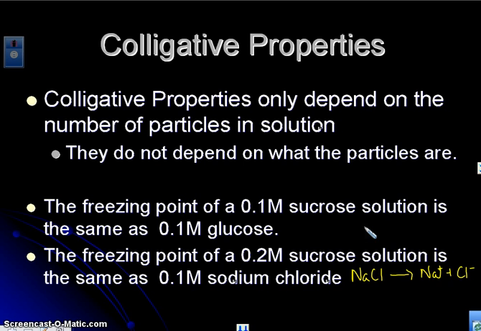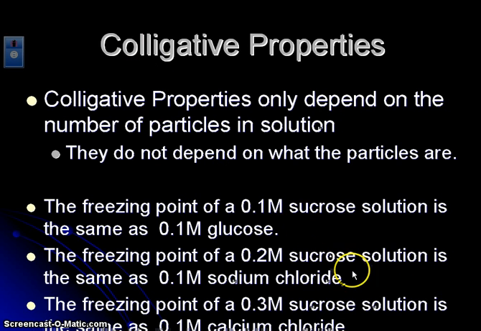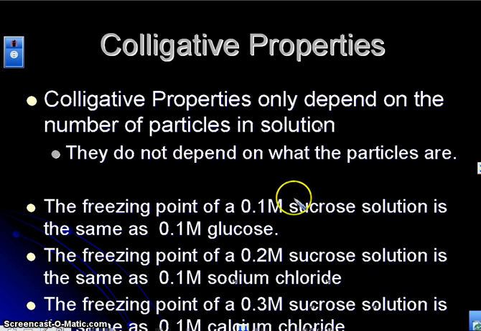You also can have the same situation if you have a 0.3 molar sucrose solution. The freezing point of that would be the same as a 0.1 molar solution of calcium chloride. And the situation there, calcium chloride, remember the formula is CaCl2. And when that goes into water, it dissociates into calcium 2+ ions and 2 Cl- ions.